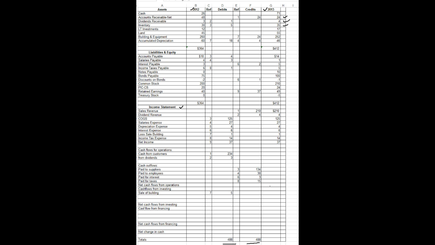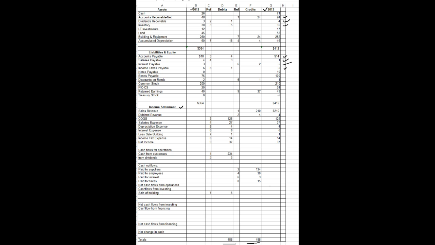Long-term investments is not current, so dropping down to current liabilities. 18 minus 4 is 14. Salaries payable 4 minus 3 is 1. Interest payable 3 plus 2 is 5. Taxes payable 6 minus 1 is 5. And notes payable is long term.